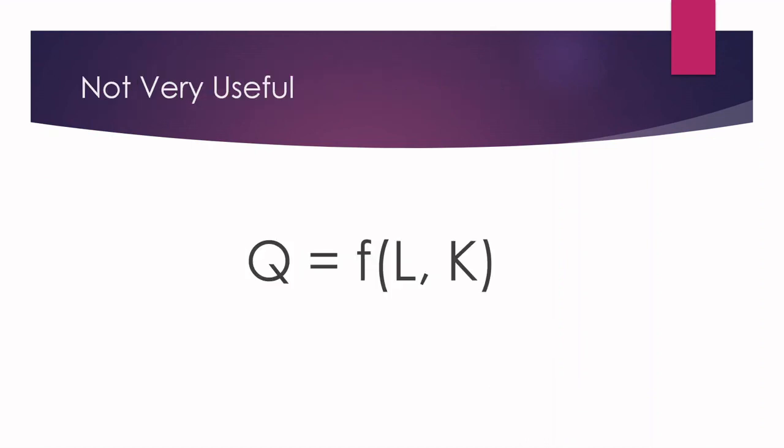So I'm going to submit again that this sort of equation, where aggregate output is some function of aggregate labor and aggregate capital, is so misleading and so naive as to be useless and even dangerous. It leads you to conclusions that are completely wrong and leaves out all the important parts of the economy that we just talked about.